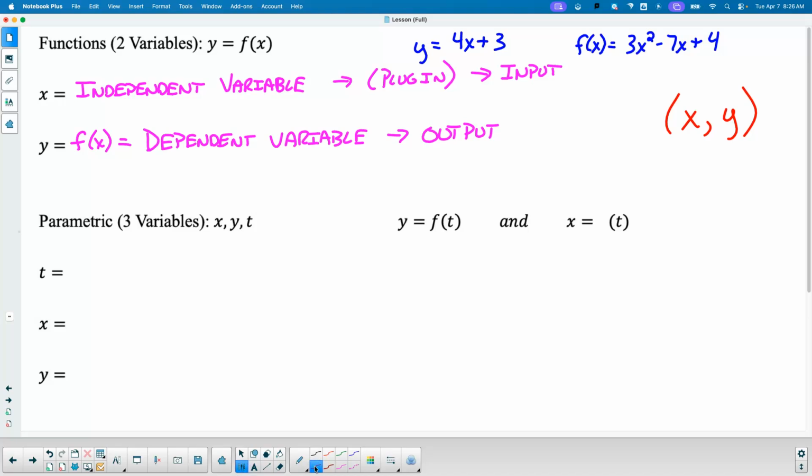He was distracted yesterday by picking his seating chart. Okay, so you got two different functions there. T now is going to be time, and it is your independent variable.